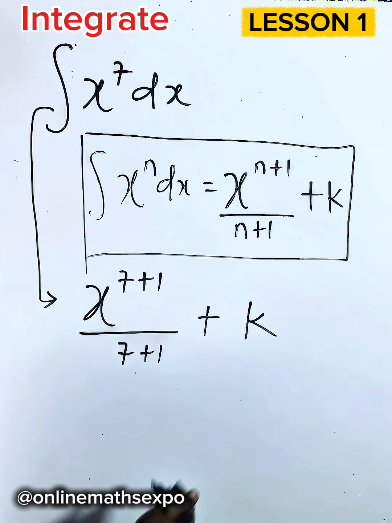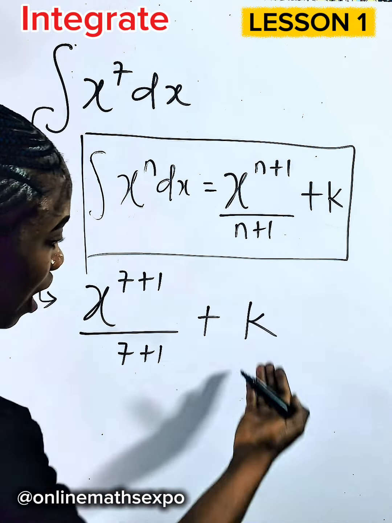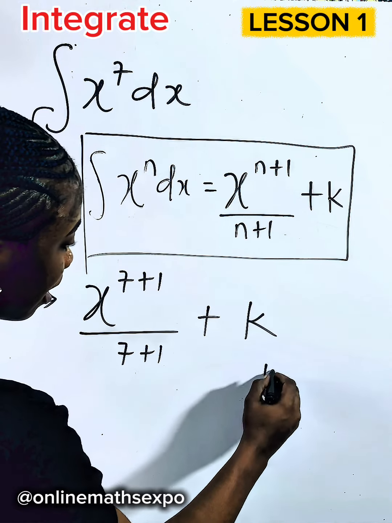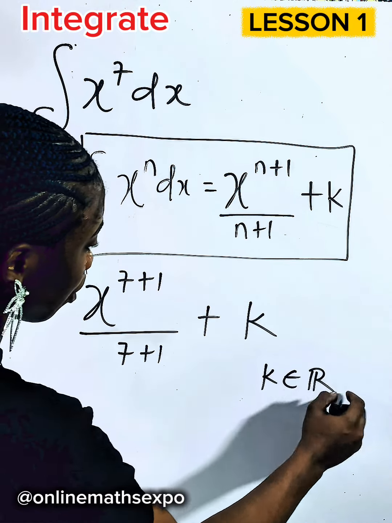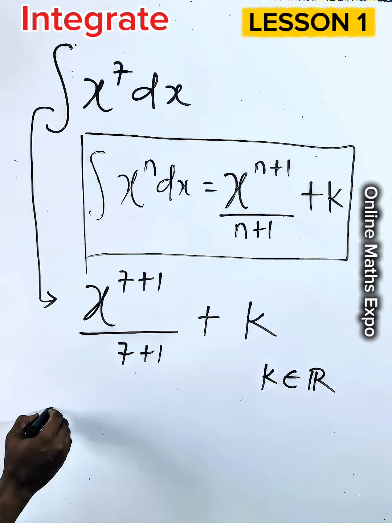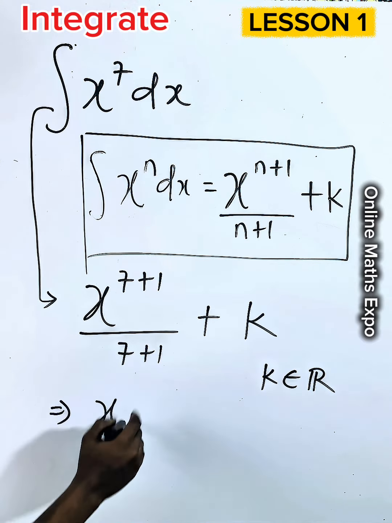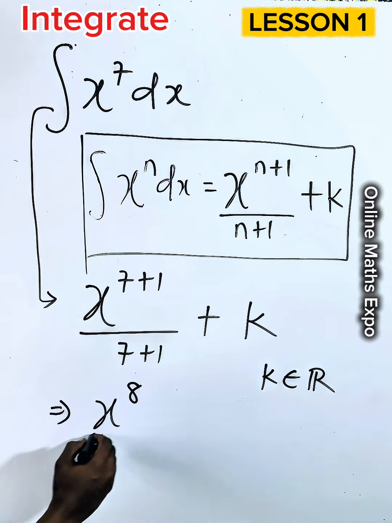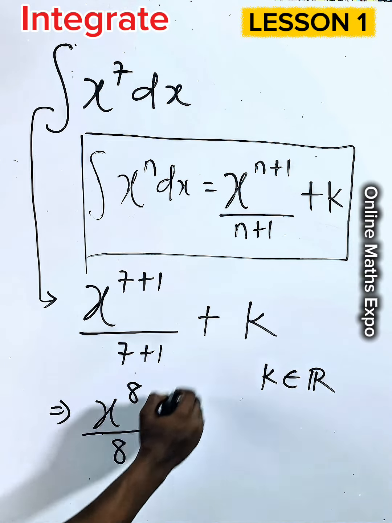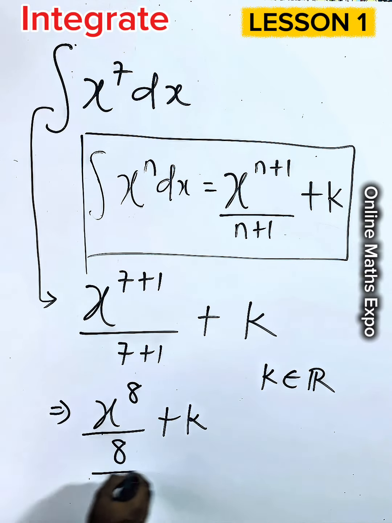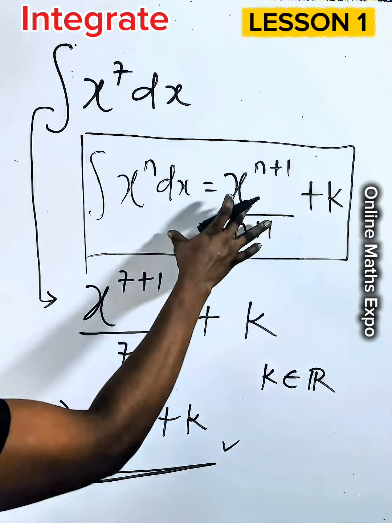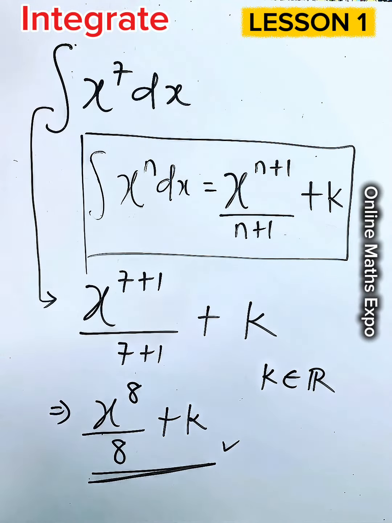Some people can add c, where this k, remember, is an element of real number. So in that case, we are going to have x, add this, it gives you 8, divided by 8, then plus k. And this is what you have for integrating this particular function.